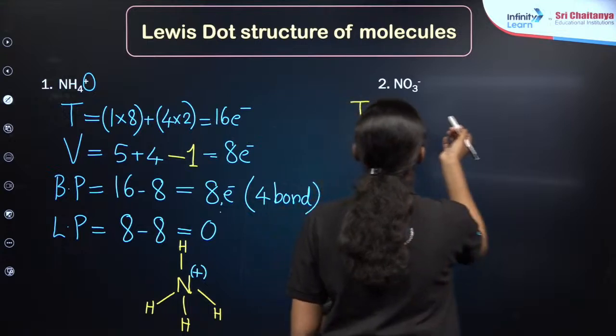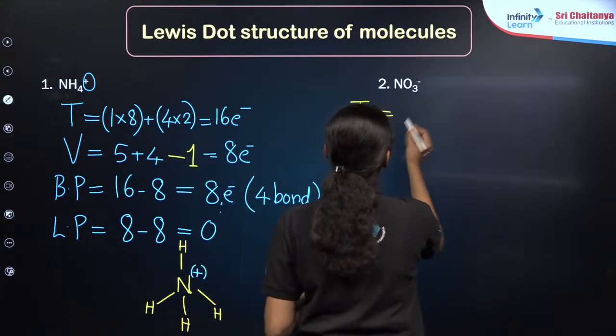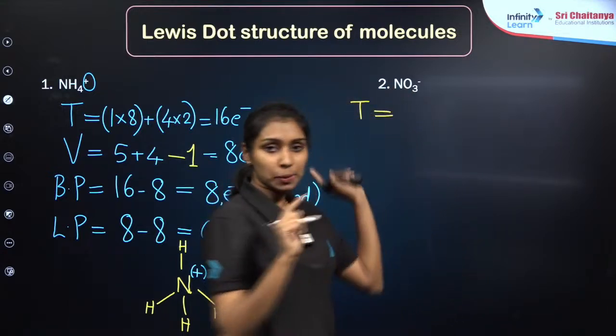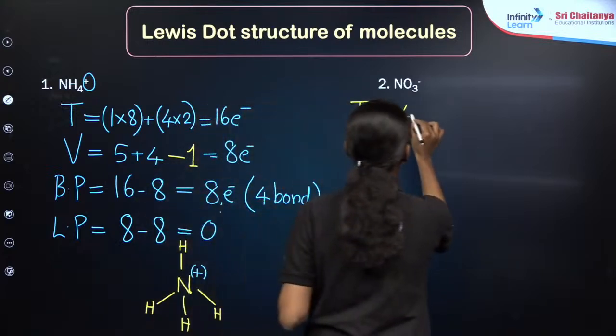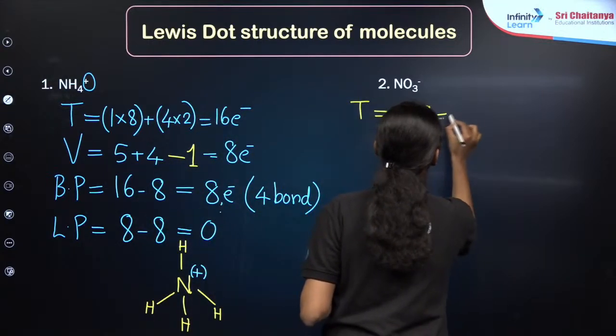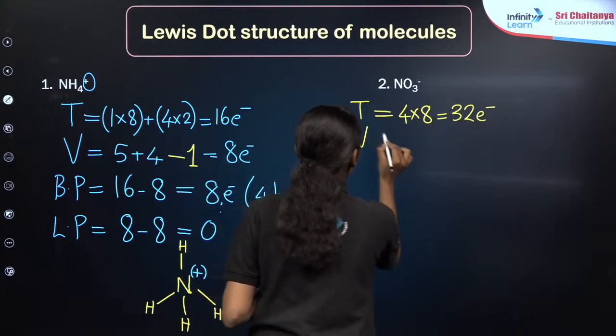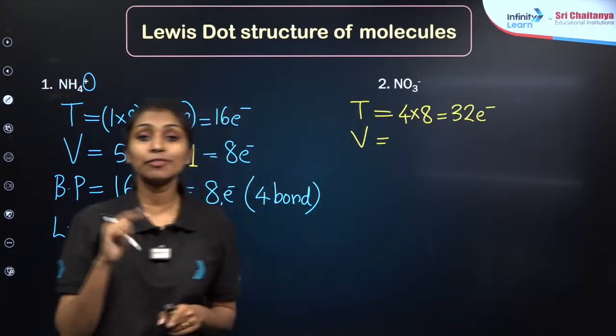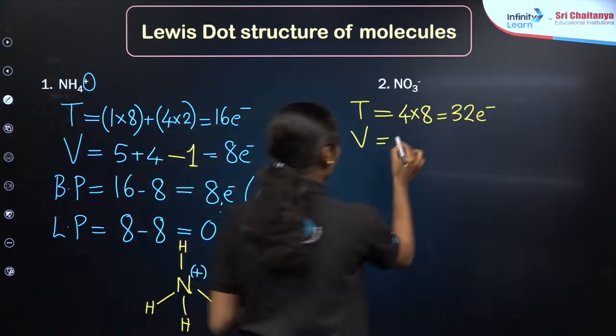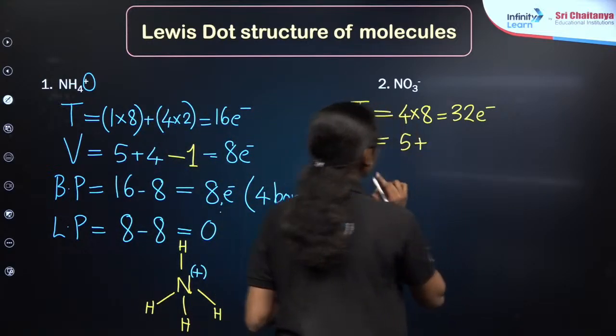So the total number of electrons, T, is equal to 3 plus 1, 4 atoms are present, right? So I am taking 4 into 8, that is equal to 32 electrons. Then what about the total valence electrons? For 1 nitrogen atom, it contains 5 valence electrons. Then for 1 oxygen atom, it is 6 electrons.